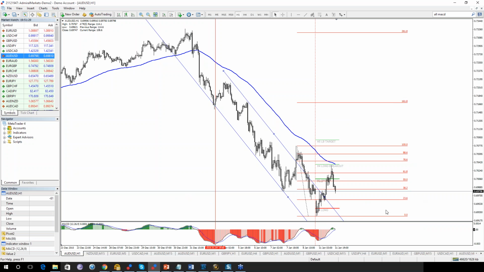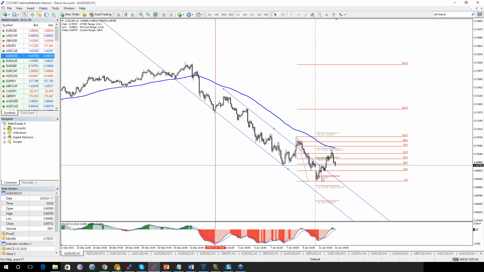So guys, if this comes here, you can try to make a long scalp at this point. But if it breaks 69.40, I think it should go down towards L4, which is 69.10. Still, it will be again in the channel. So this is an important place.